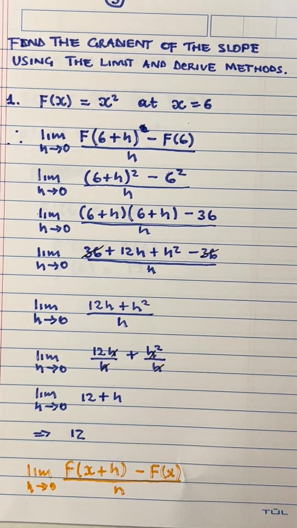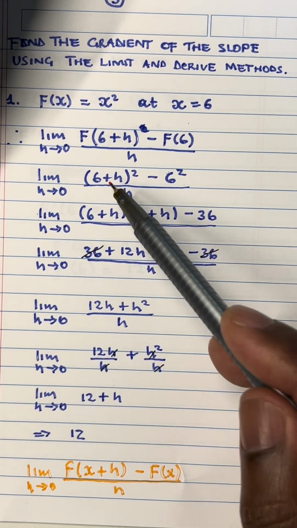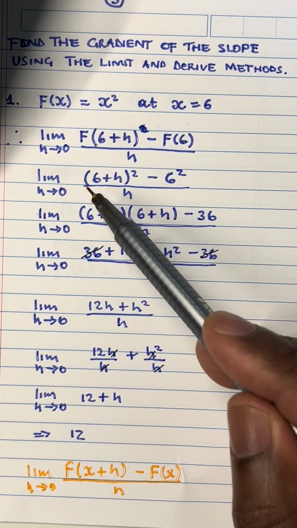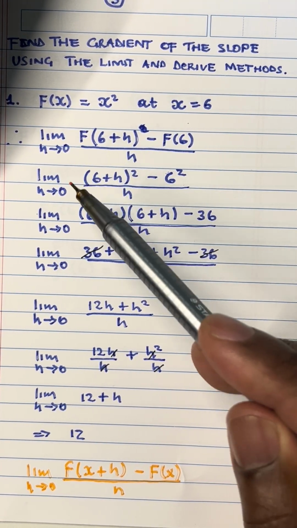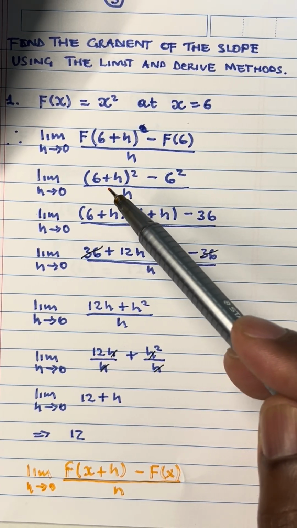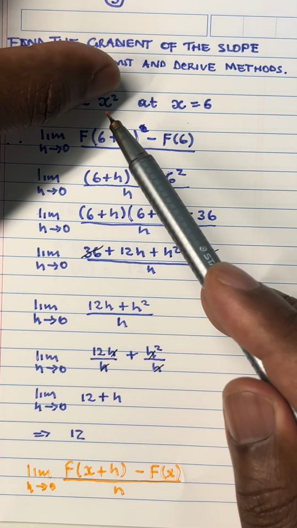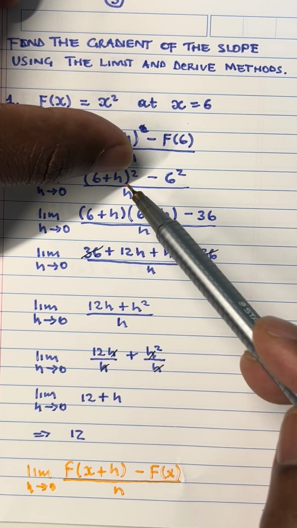Okay. Now on the next one, this one, 6 plus h squared, why did I get rid of the f? You get rid of the f here, and then you square it, because your f of x is squared. That is why we're having the square here.